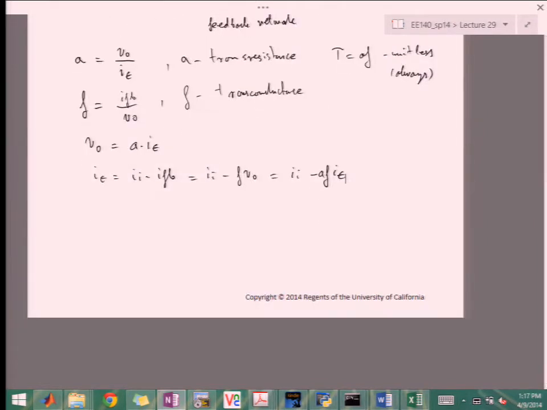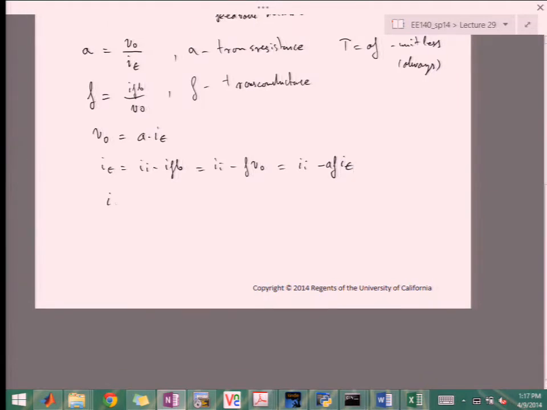Okay, so then we have the standard result that I error is II over 1 plus AF, where AF we're going to say is also T. And then since VO is A times IE, we have that VO over A is II over 1 plus AF.